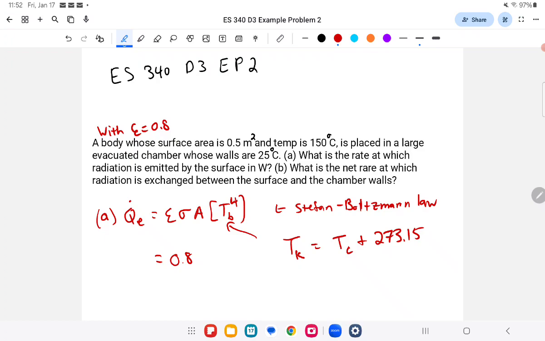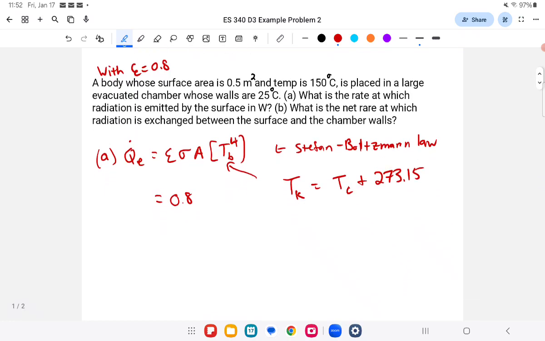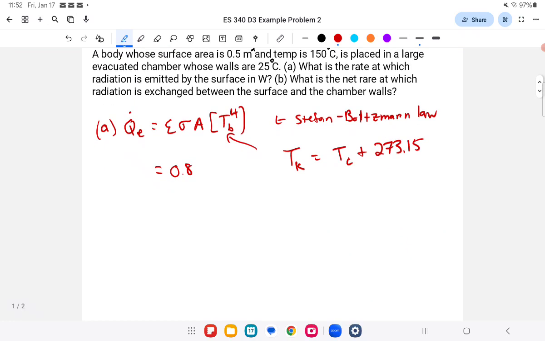But epsilon was 0.8. Now sigma is the Stefan-Boltzmann constant, and in SI units, which we're using because we have degrees Celsius and meters squared, this is 5.67 times 10 to the negative 8th watts per meter squared times Kelvin to the fourth.